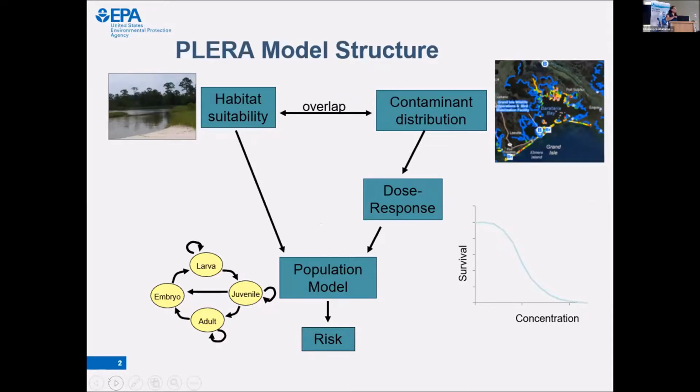We put a grid on top of that, and then at each location, we can predict what the population dynamics might look like given the environmental variables and the contaminant concentration. We use the contaminant information and dose response curves that we've constructed based on our laboratory experiments to locally alter the population growth rate according to what we expect at the specific concentration and location.